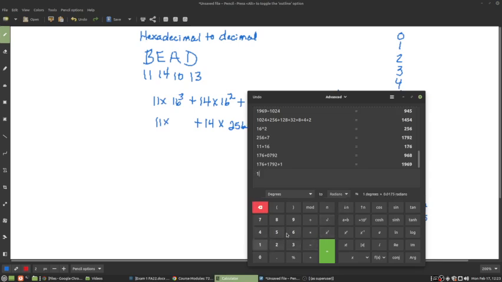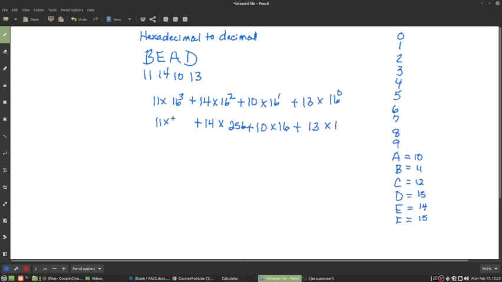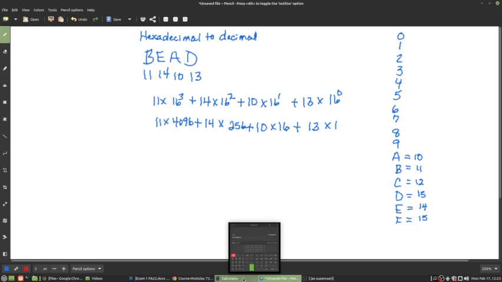So 16 cubed is 4096. Okay, so let's go ahead and multiply 4096 by 11.